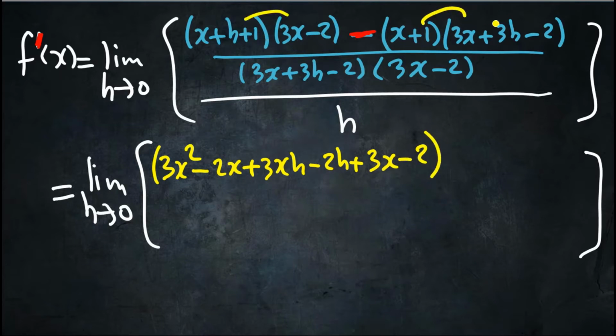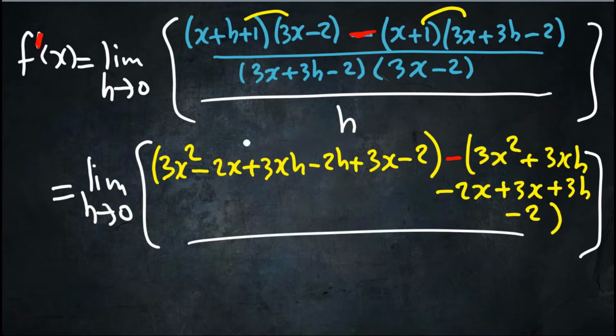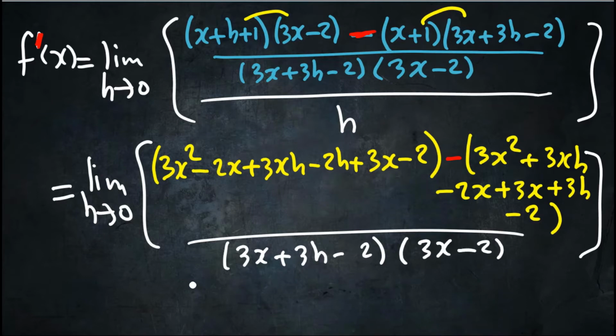Now let's expand this. x times 3x is 3x squared, x times 3h is 3xh, x times minus 2 is minus 2x, 1 times 3x is 3x, 1 times 3h is 3h, and 1 times minus 2 is minus 2. And this is over 3x plus 3h minus 2 times 3x minus 2, over h.